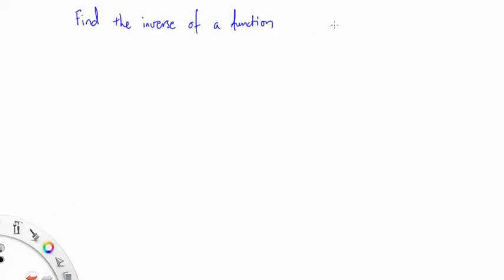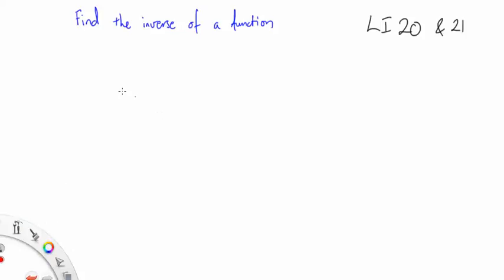Hello there. In this video we're looking at finding inverse functions for learning intention 20 and 21. So I'm going to combine these two into the one video. I want to look at the process, so I'm going to do it informally in the first example, and then I'm going to be much more formal in the second example.